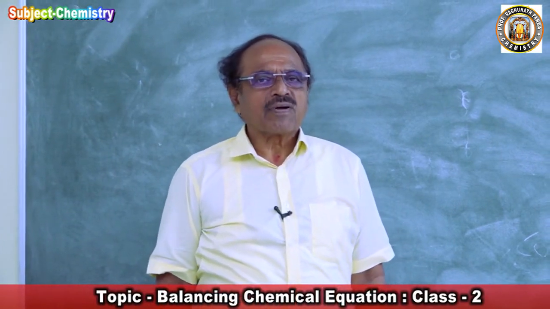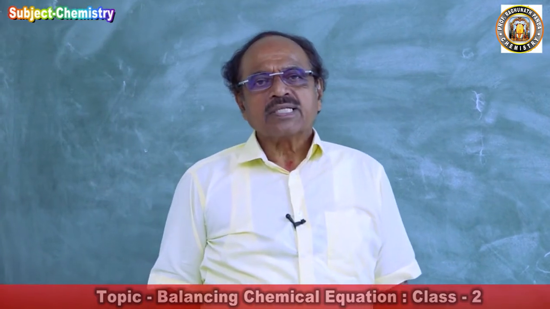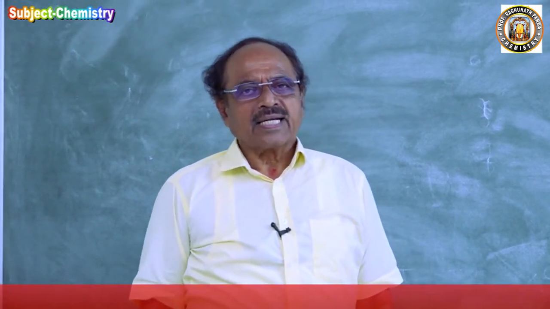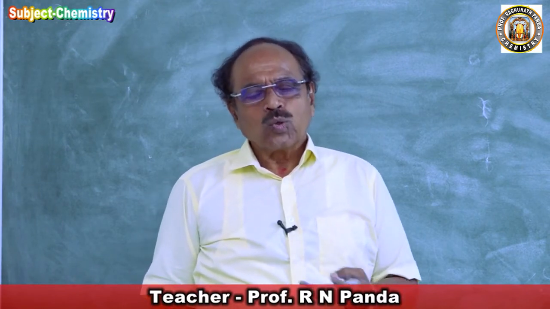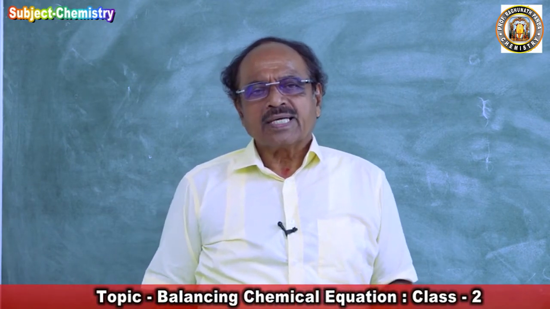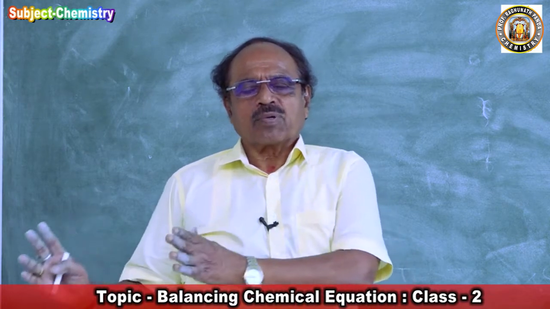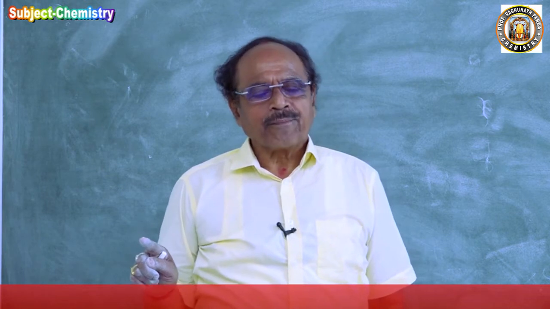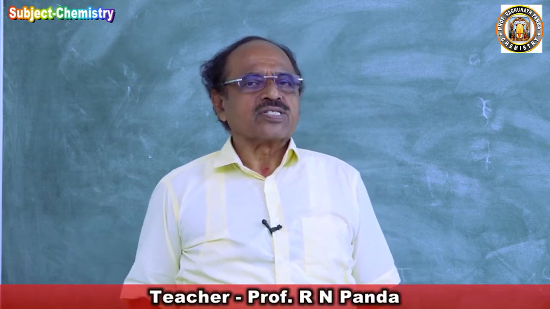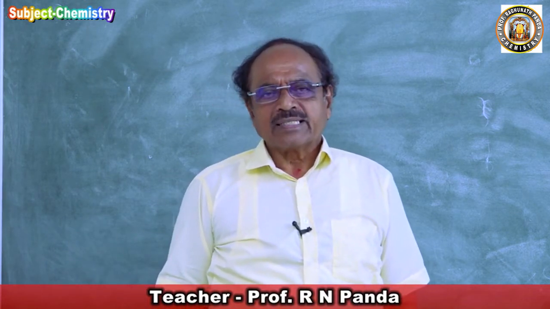I took the example of carbon reacting with oxygen to form carbon dioxide. To write the skeleton equation, I write C, then O plus O as the reactants, and CO2 is the product. I write an arrow mark between them. So this is my skeleton equation. Then I'll make it an atomic equation.